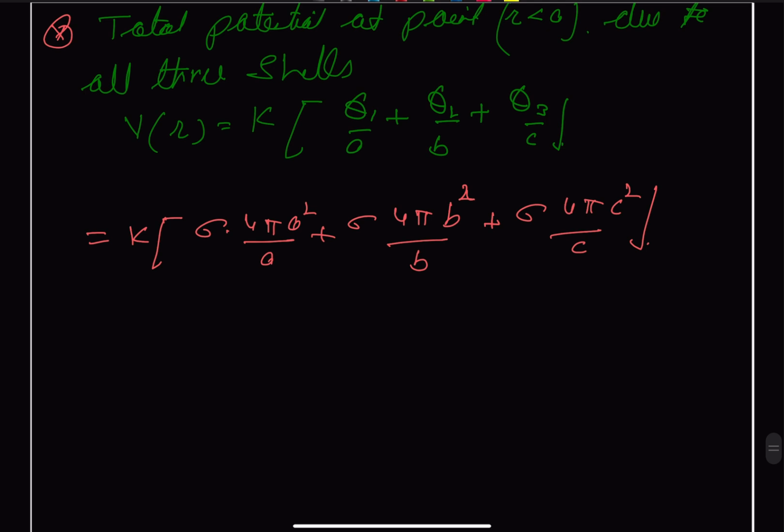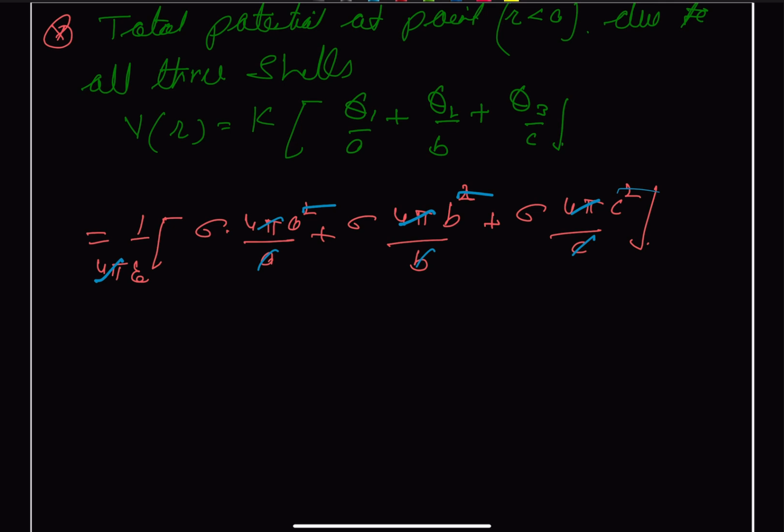And K we already know is 1 upon 4 pi epsilon naught. So this 4 pi cancels out throughout, and the square goes with the square.